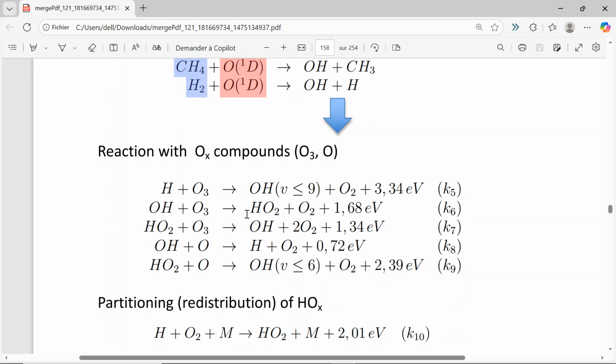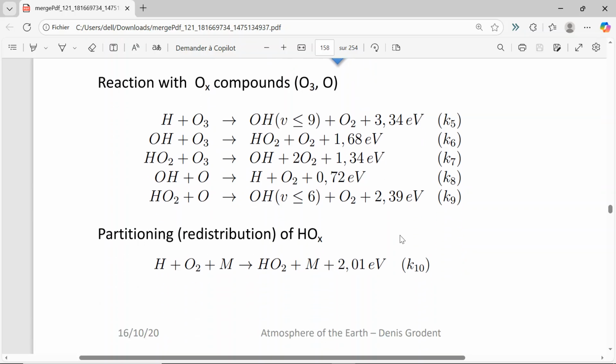So three processes of destruction of ozone. OH will react with O in order to produce H. H will be able to destroy ozone again, with production of atomic oxygen and molecular oxygen that will be photodissociated, liberating more atomic oxygen, for example. HO2 will react with the remaining atomic oxygen, leading to OH formation again, releasing some energy.